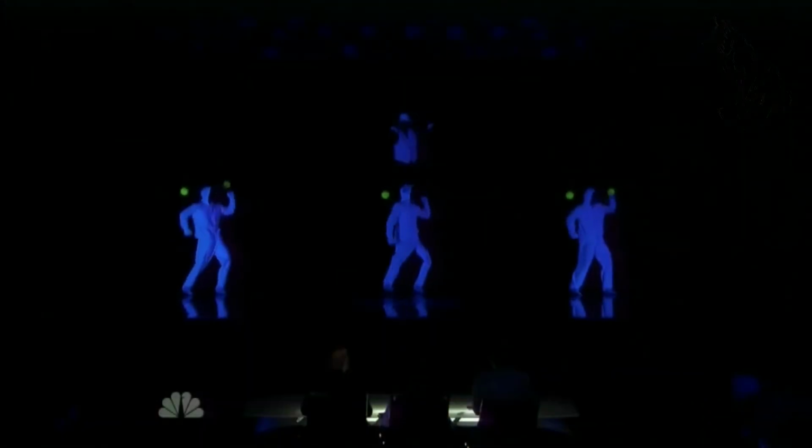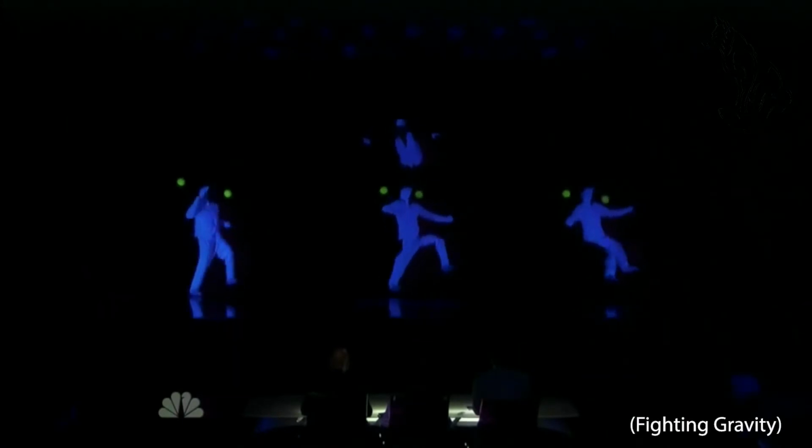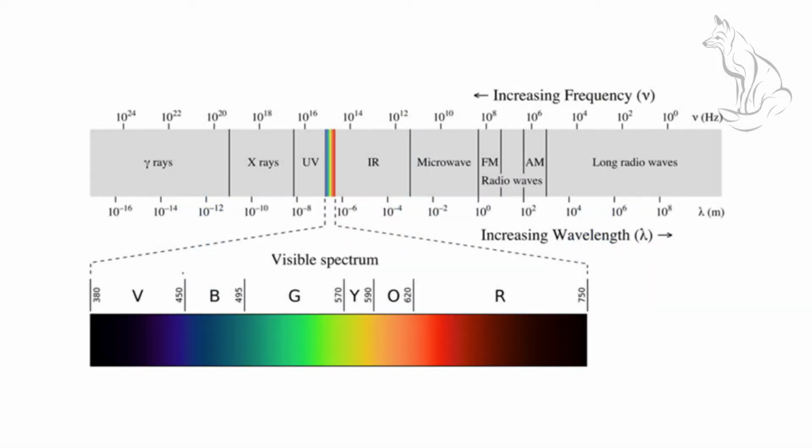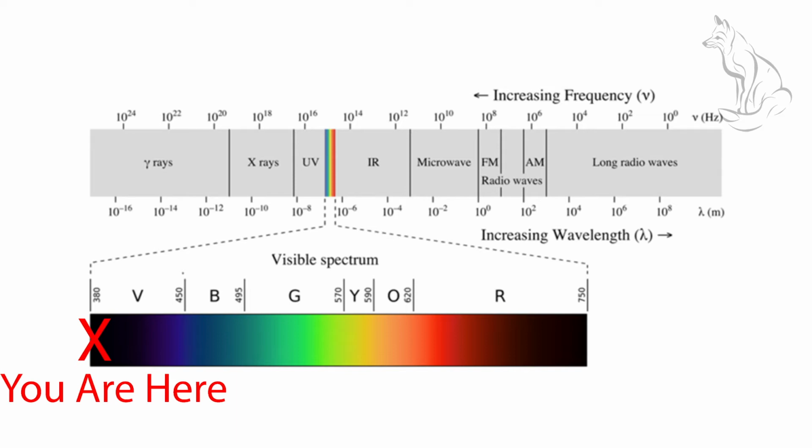Okay, last section, fluorescence. How many of you are familiar with black light bulbs? Those funny purple light bulbs at parties that make your t-shirts glow. Well, those are actually long wave ultraviolet lights emitting at a wavelength of about 385 nanometers, which is practically invisible to your eye.